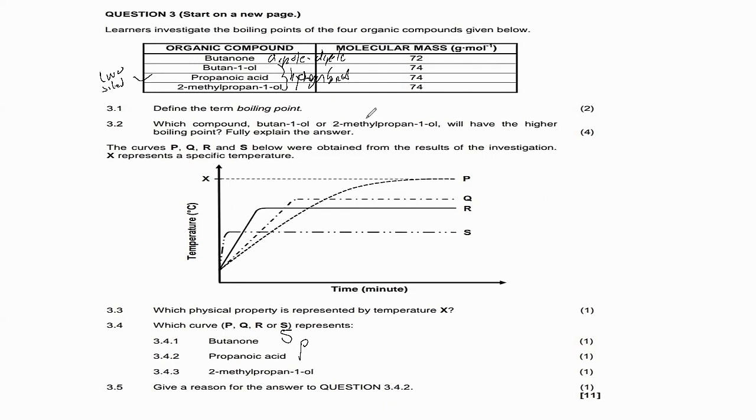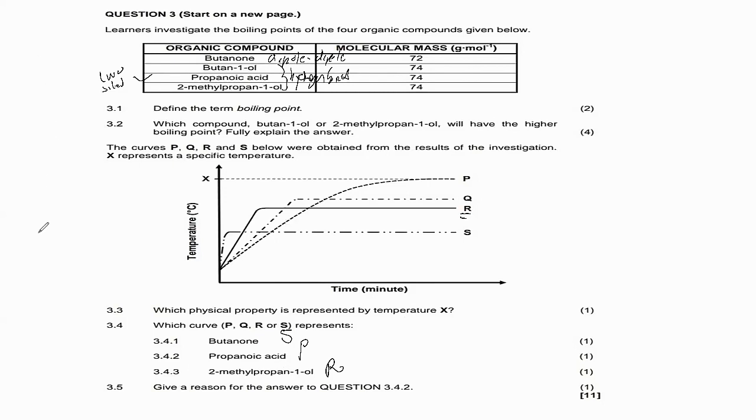Remember, butan-1-ol has a higher boiling point than 2-methyl-propanol, mainly because it is a straight chain molecule with a larger surface area than the branched chain molecule. So 2-methyl-propan-1-ol has to have a boiling point lower than butan-1-ol, which is R.